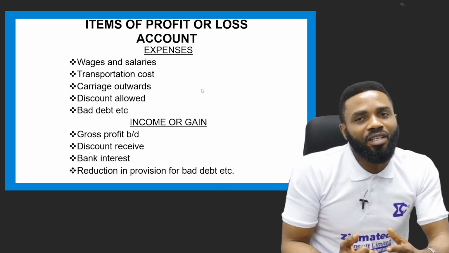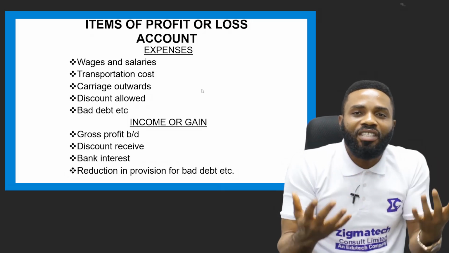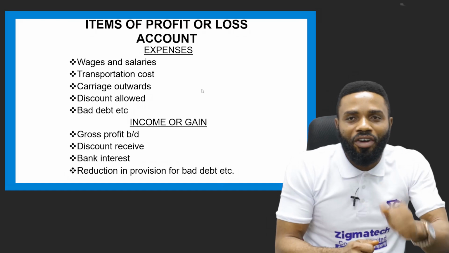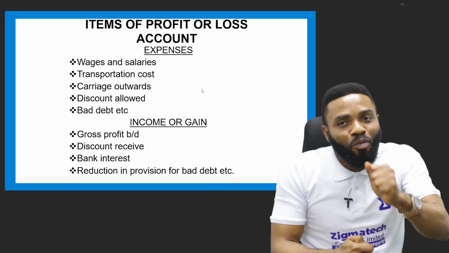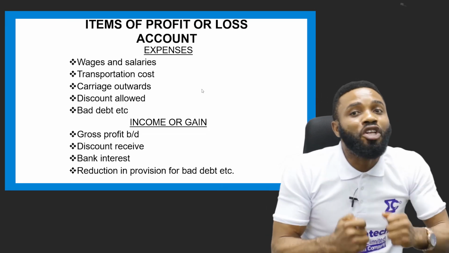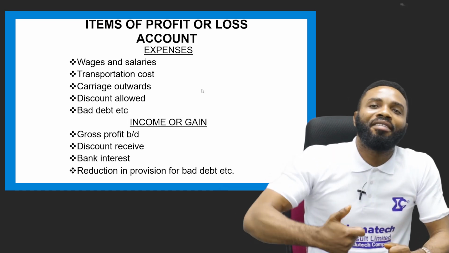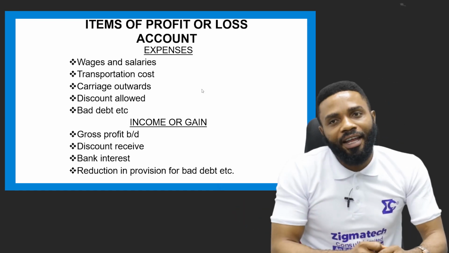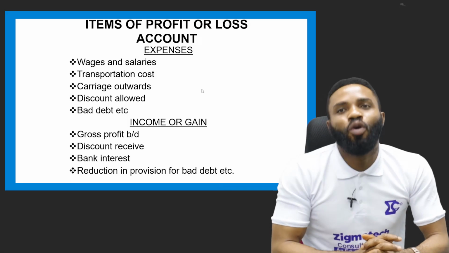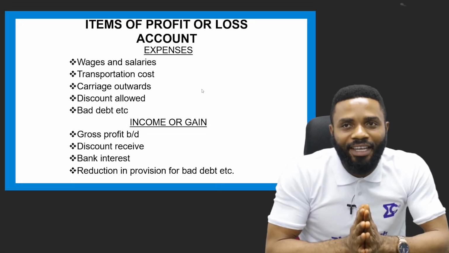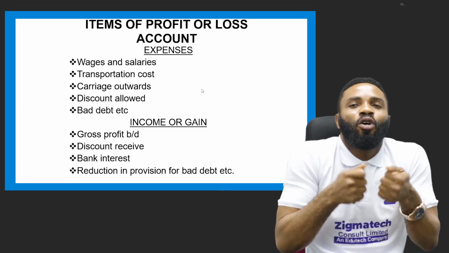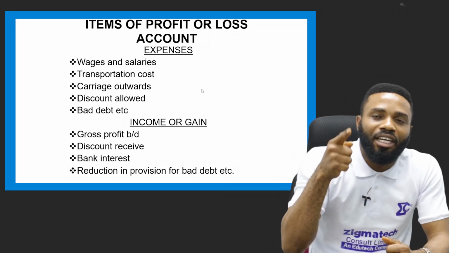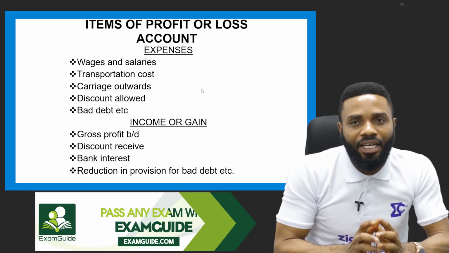And then bad debt is something that every business will experience. As far as you are selling on credit, there are possibilities that some of your debtors may not pay or may not have what it takes to pay their debt, and then that becomes a bad debt. So the expenses we have here is a summary of what every organization should experience, but it's not limited to what is being discussed in this lesson.